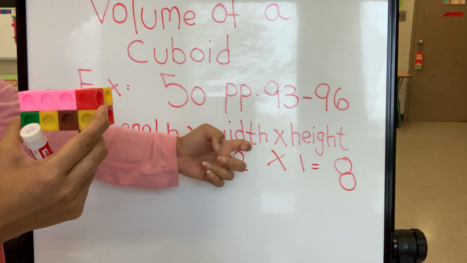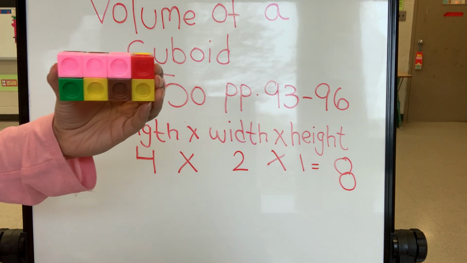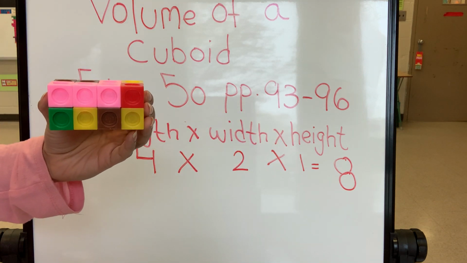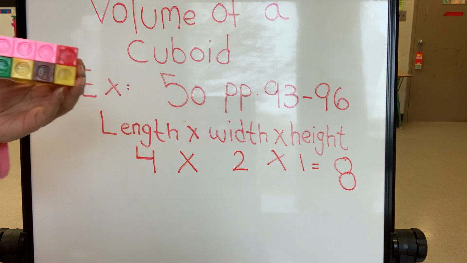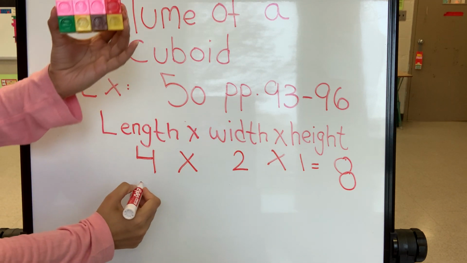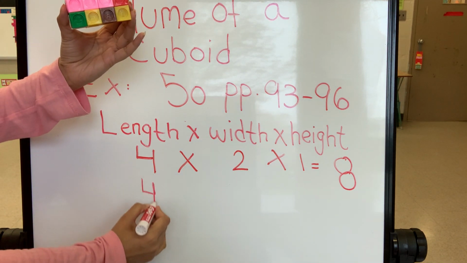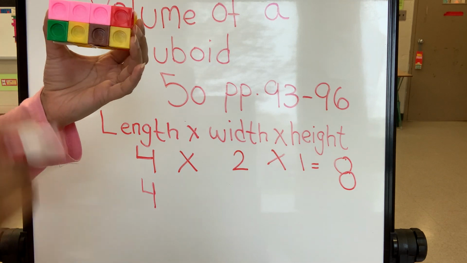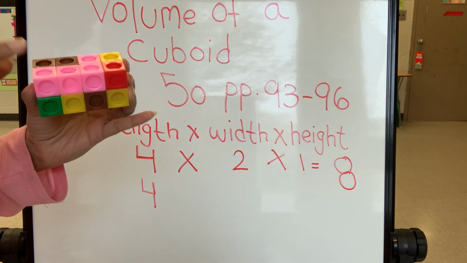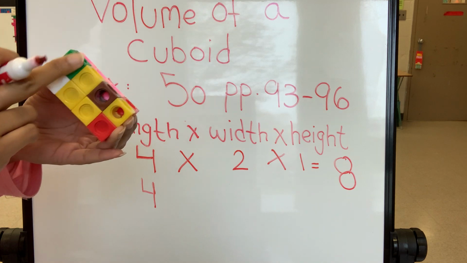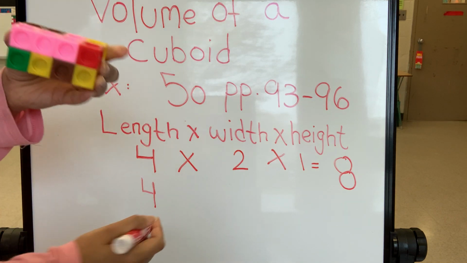Length times width times height. My length stays the same, right? Because it's still 4. So I would write 4. I know that my width hasn't changed either. It's still 2, right? Still 2.